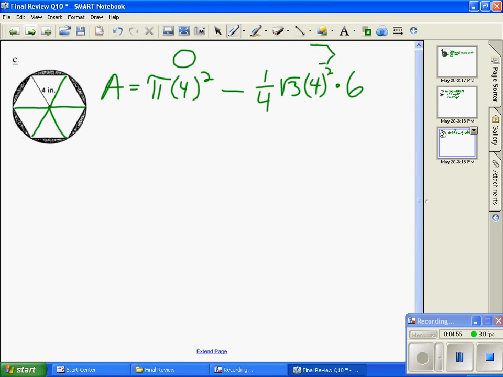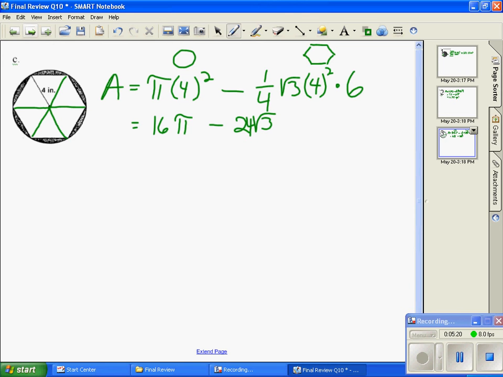Okay, and so that's our hexagon here. So let's find each piece. So we have 16 pi minus, so we have 4 squared, that's 16 over 4, that's 4 times 6 is 24 square root of 3.